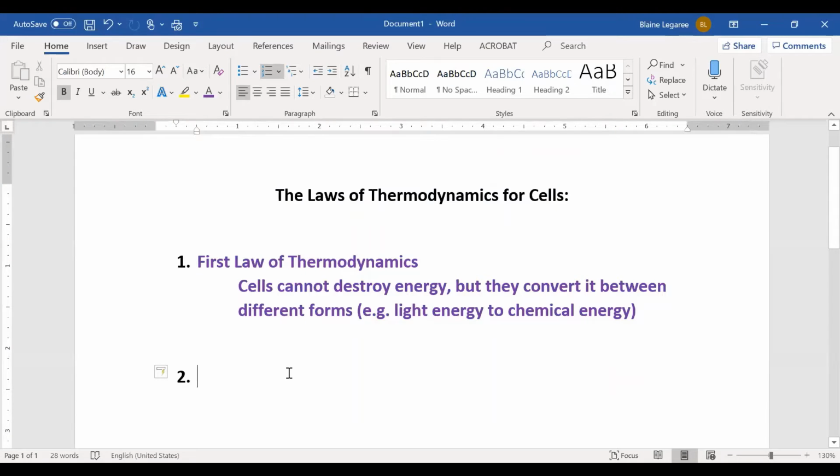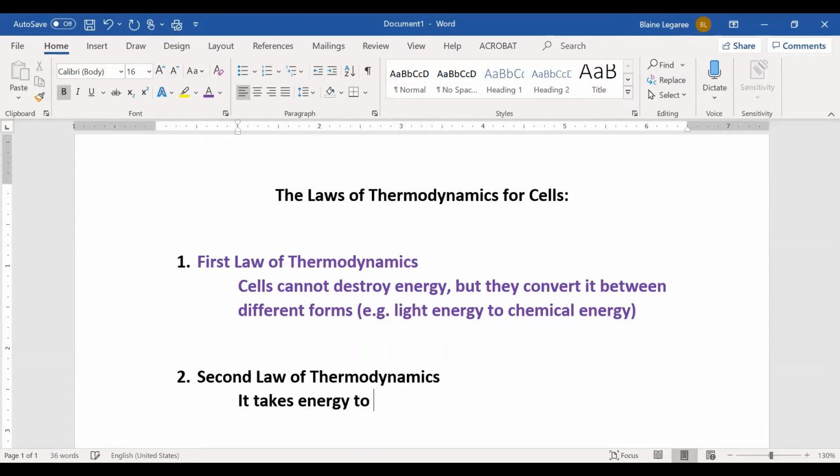So the second law of thermodynamics for cells is that, basically, it takes energy to stay alive. What does that mean?